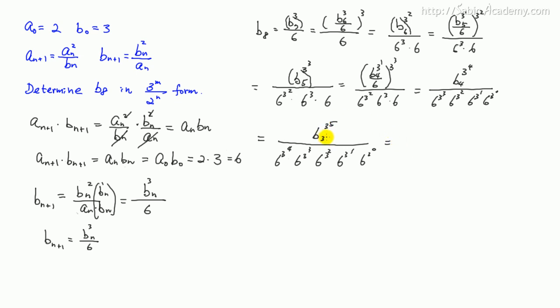Every time this number goes down by 1, the power is going up by 1. You see? When it was 3, it's 3 to the third. When it was 4, 3 to the fourth. So if you add them up, it is 8. You see? So can we come up with the b sub 0? We want to get to b sub 0 because we know it. So what would it be?